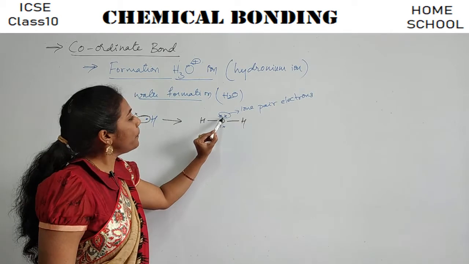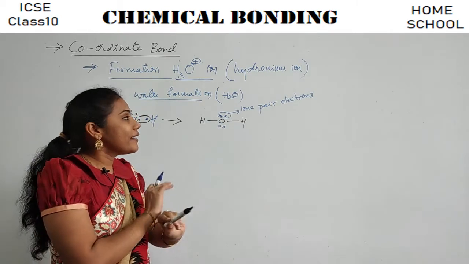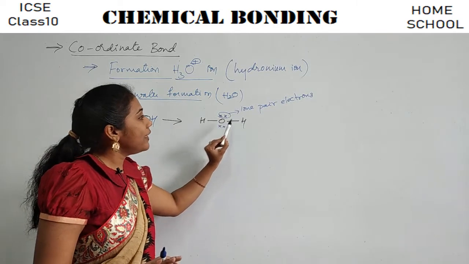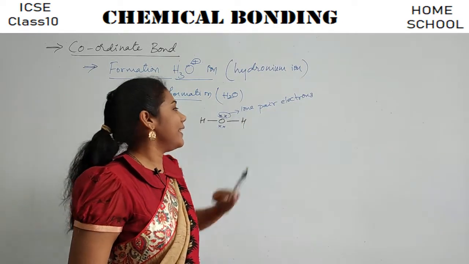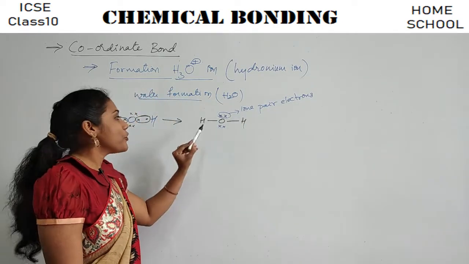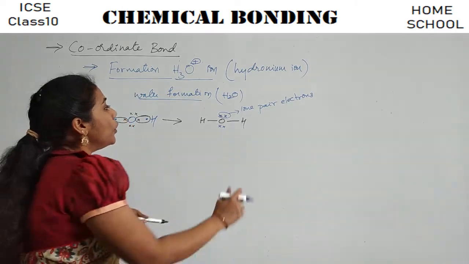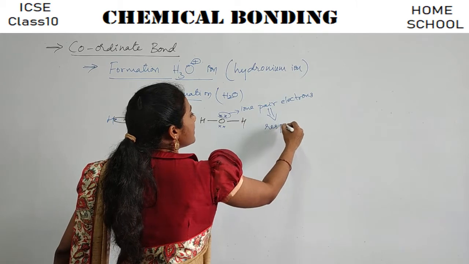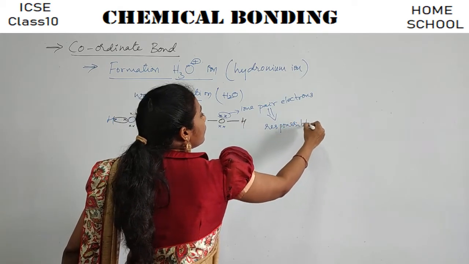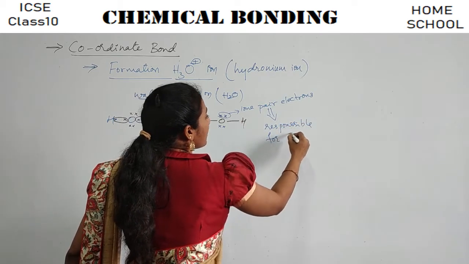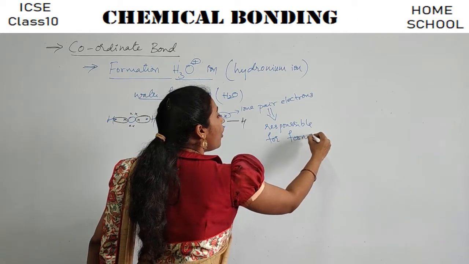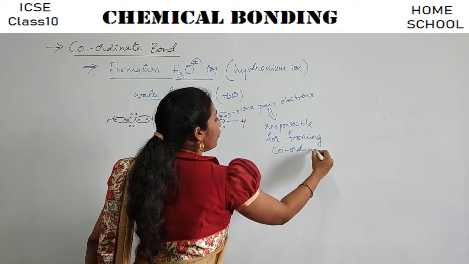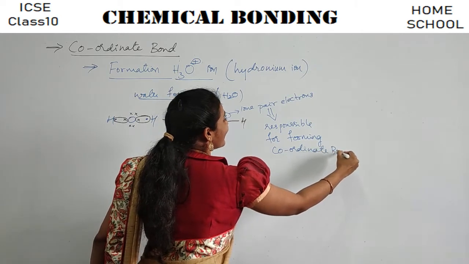So these two pairs of electrons are not shared with hydrogen, so they are called lone pair electrons. Now these lone pair electrons are responsible for forming coordinate bond, right?